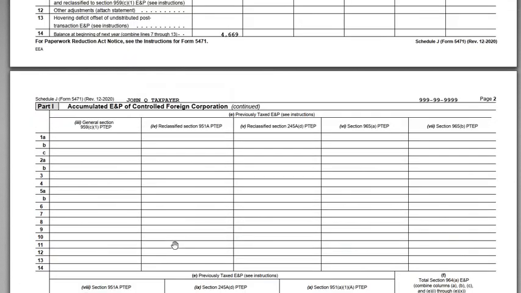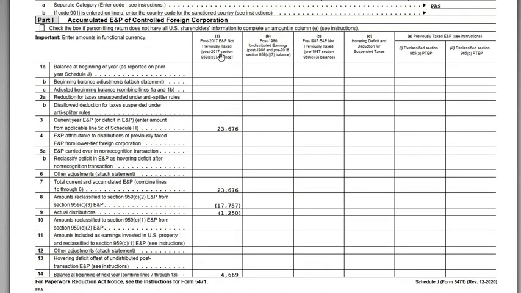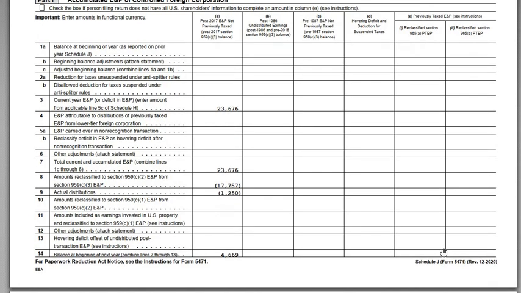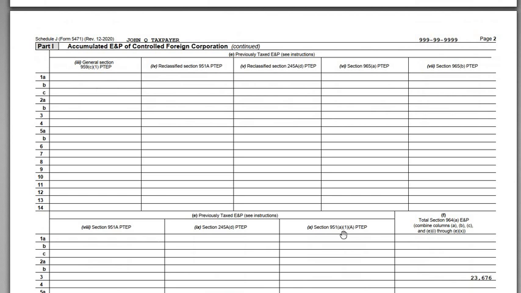Now, the reason why this can get quite messy is because you can see here how we could have situations where you have E&P here at a starting point, and then you have reclasses coming out that are hitting multiple columns, right? So you could have reclasses moving from C3 to C2 E&P across all of these different columns in column E. It really just depends on how big is the CFC, how complex are their operations, right?